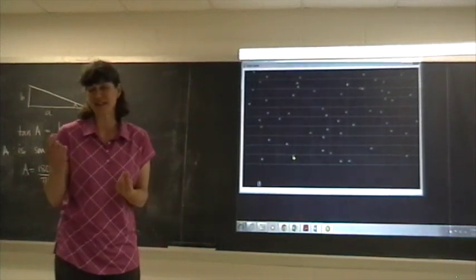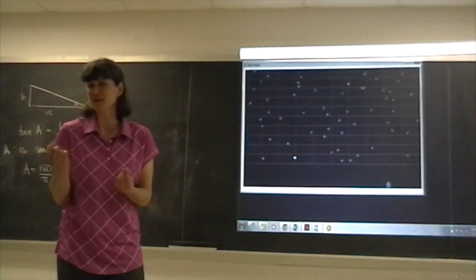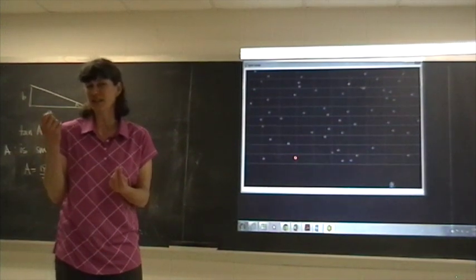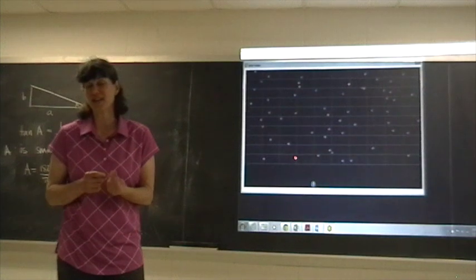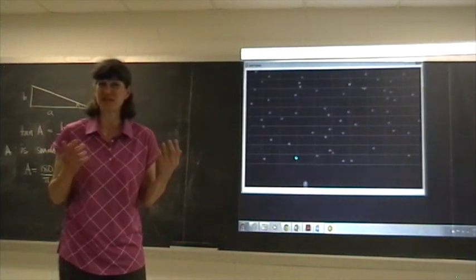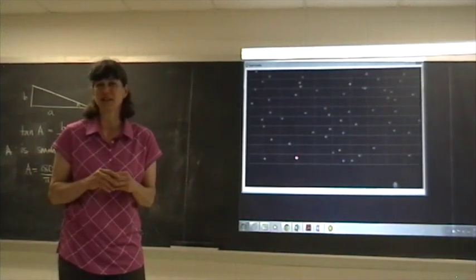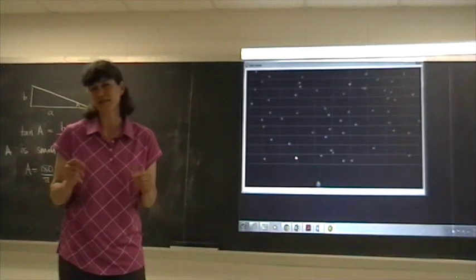If the parallax angle we measure is 0.025, that corresponds to a distance of 40 parsecs. And if it's 0.015, that corresponds to a distance of almost 65 parsecs. So a very small error in that angular measurement can result in a very large error in distance.